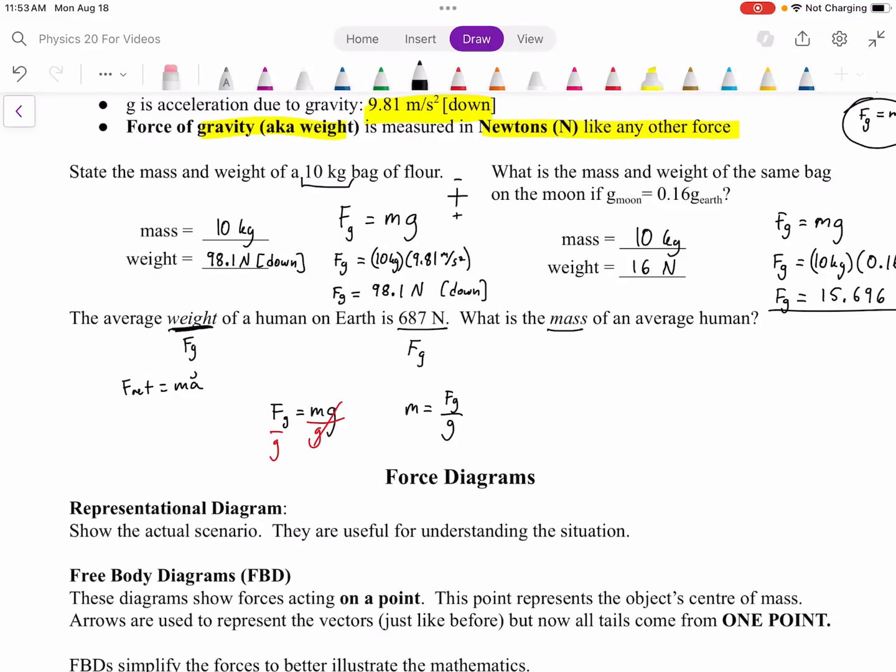So the mass is going to equal the force of gravity, 687 newtons, divided by acceleration due to gravity, 9.81 meters per second squared. And doing that, I get that the mass is 70.0306.